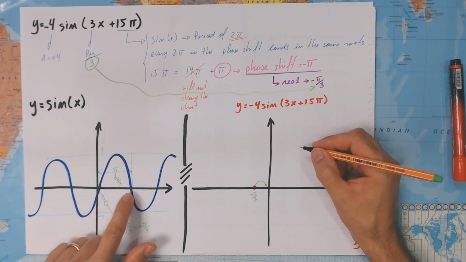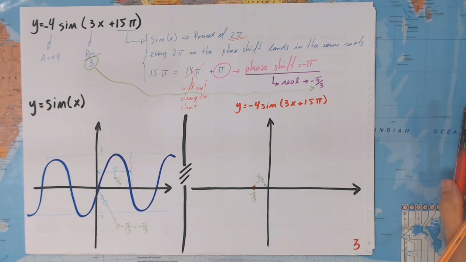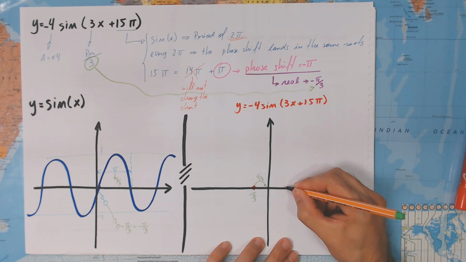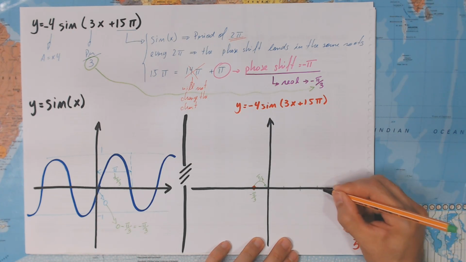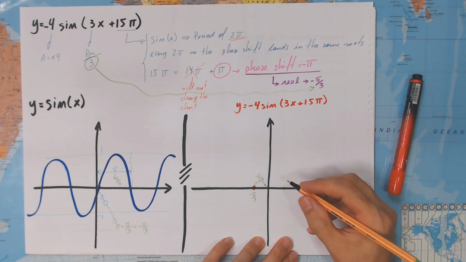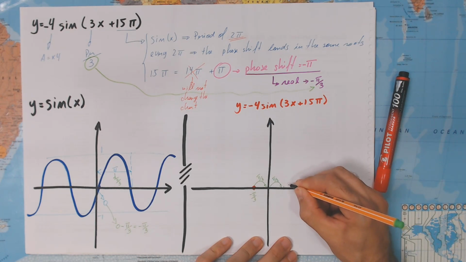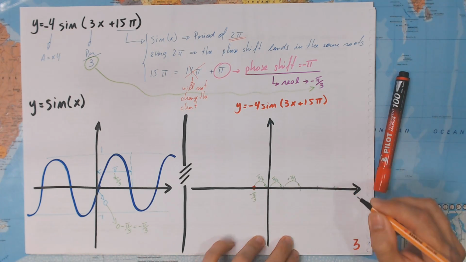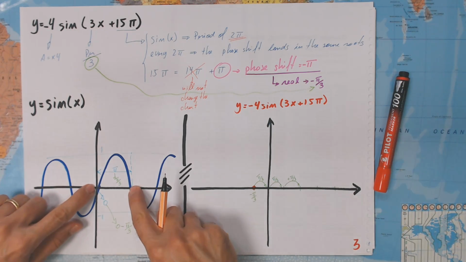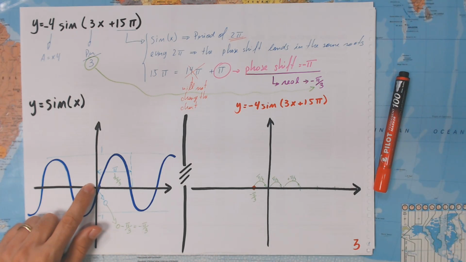Every pi over 3, we are going to have a root. And again, and again, and so on. So another pi over 3, another pi over 3, okay? I'm just adding those intervals, okay? And every interval, it is going to be pi over 3.